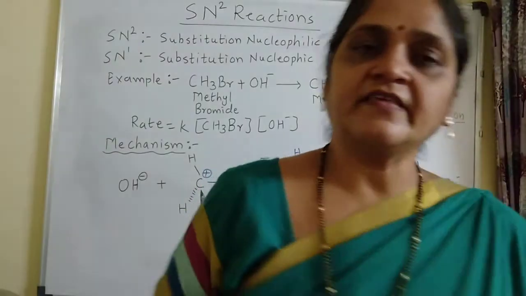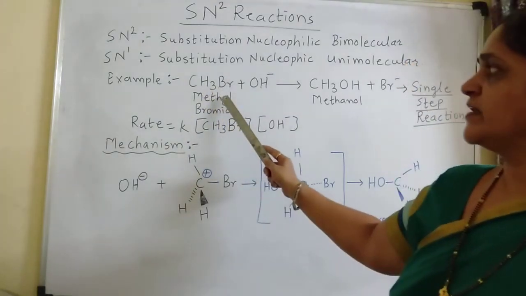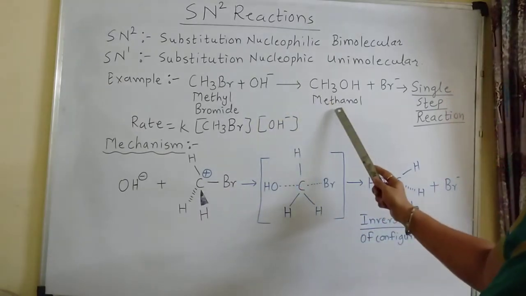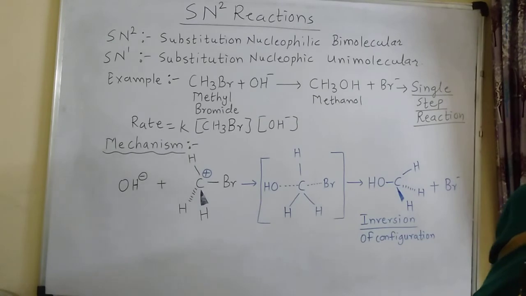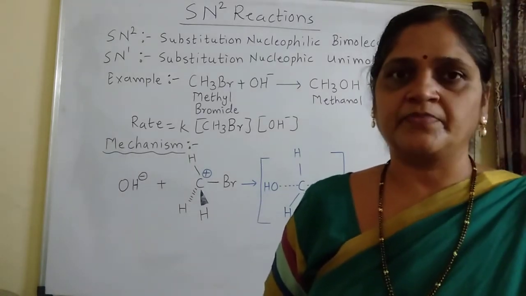For this reaction we are going to take an example of the reaction of methyl bromide with the nucleophile OH minus ion. It will give you the product methanol, and Br minus ion is separated. Now why are these reactions known as substitution nucleophilic bimolecular?